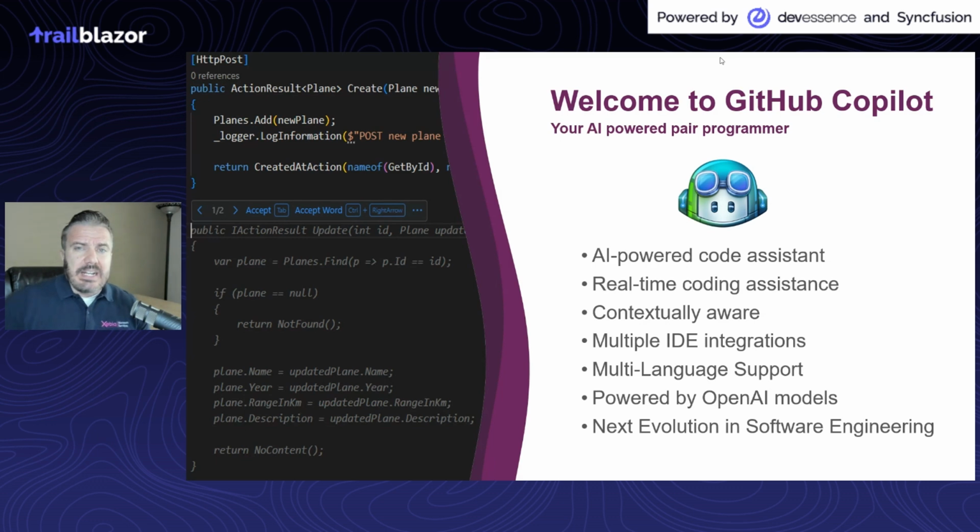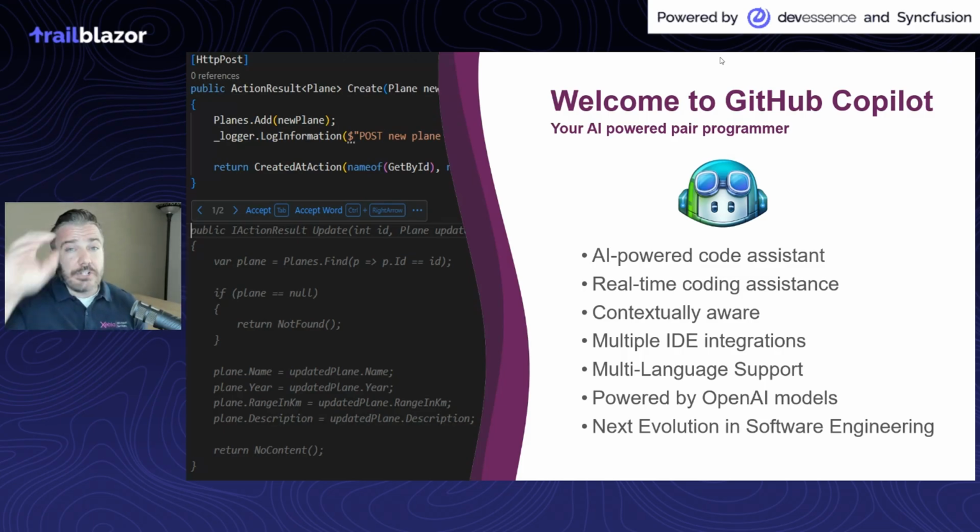But really, this is the next evolution in software engineering. I like to think of it as going from Notepad to the IDE, or from books to the internet: from doing manual research to having an AI assistant in our code, which is extremely powerful. I'm also going to try to be pragmatic today.